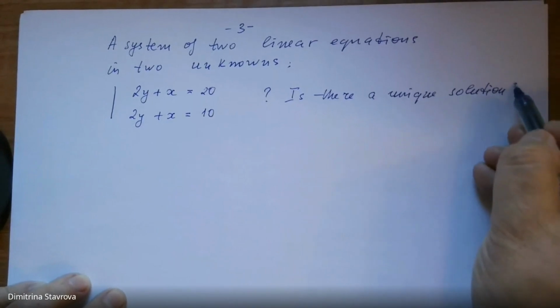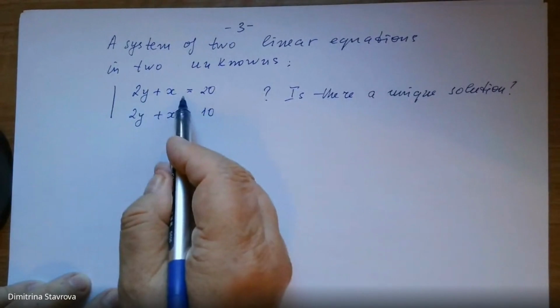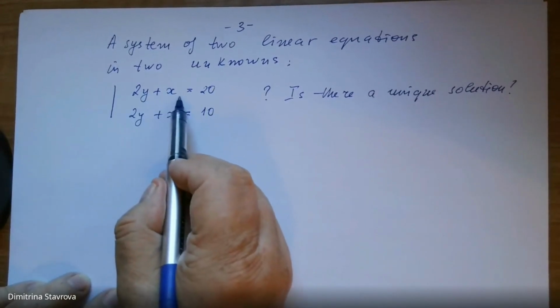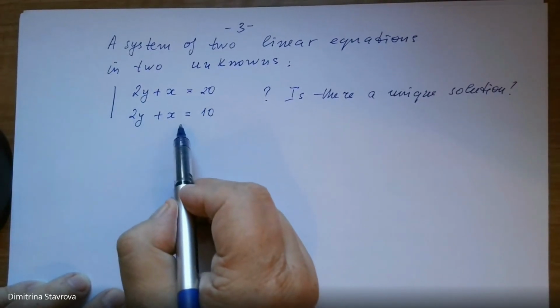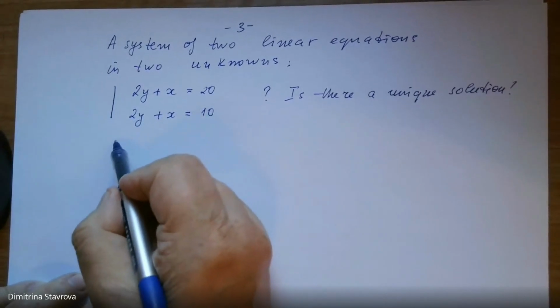To this equation? Can we have x and y's such that 2y plus x is 20, but at the same time 2y plus x is equal to 10? Obviously not.